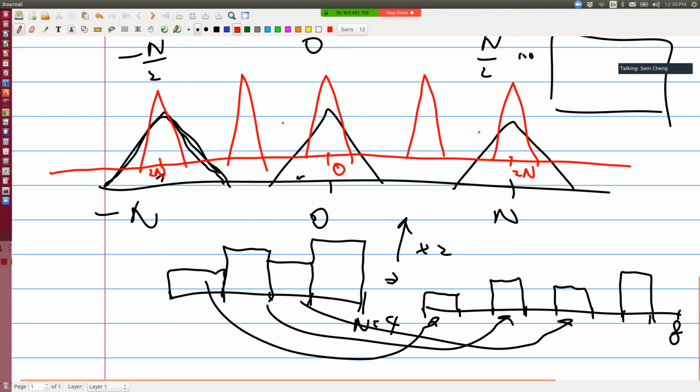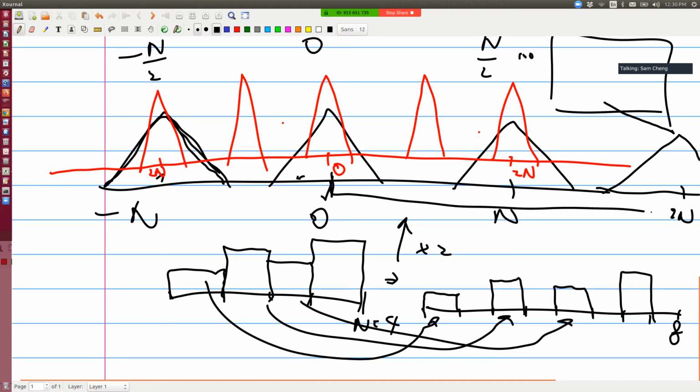So basically you can think of it like this: here you go up to this 2n, right? This part just changes the whole segment to here.